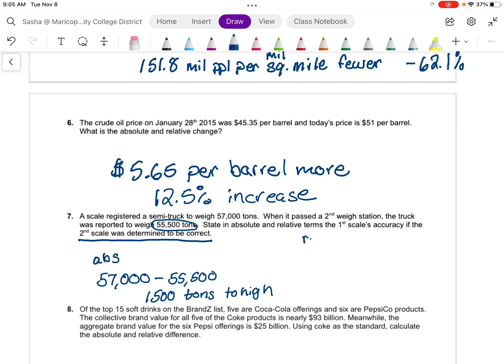And then if I want to go through and do the relative, I would take that 1,500 and I would divide by my correct value, 55,500. And I would find that it was about 2.7% too high in the weight. So like it was about 2% off, 3% off.